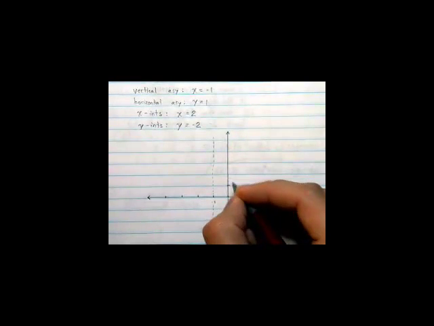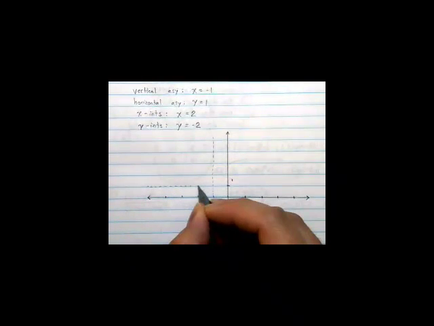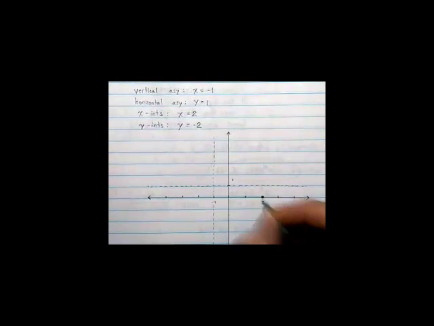And horizontal asymptote at y equals 1, so that'll be there. Alright, so you got both of those on there. And then x-intercept is at 2. That's right here. So there's an x-intercept. And we have a y-intercept at negative 2. That would be down here.